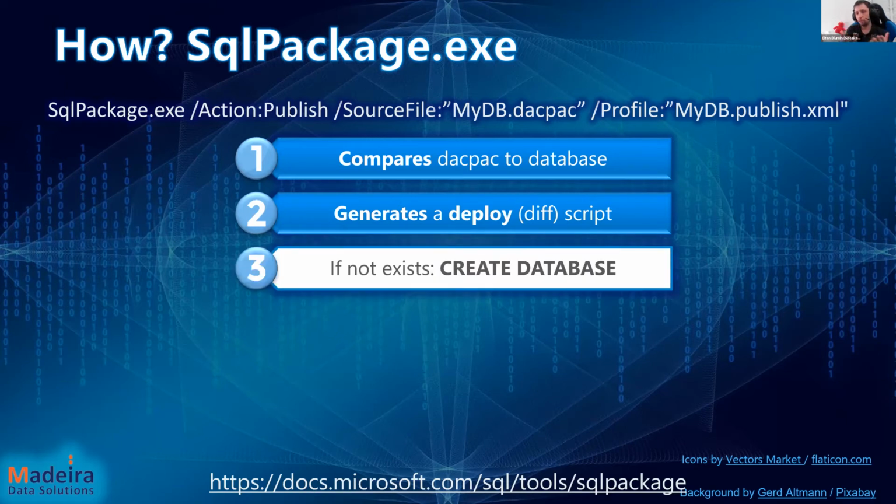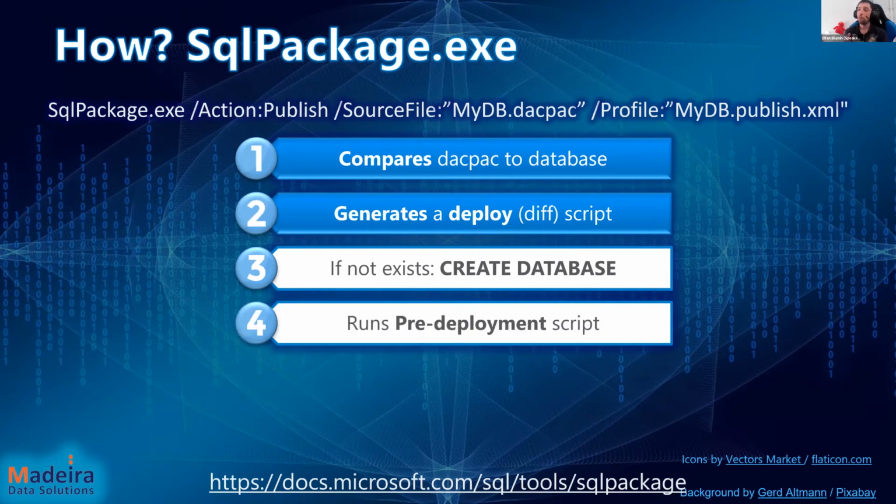Then, for example, in case you're deploying to a new database which doesn't exist yet, then obviously the diff script would include all of the objects naturally, and the final publish script will include a create database command. Then it runs your pre-deployment script.